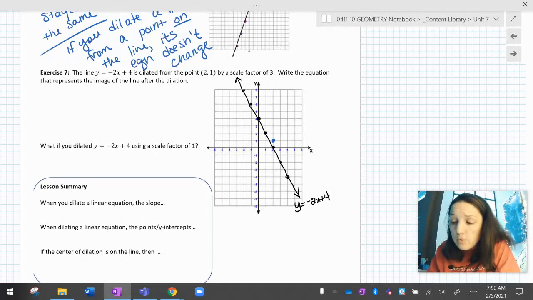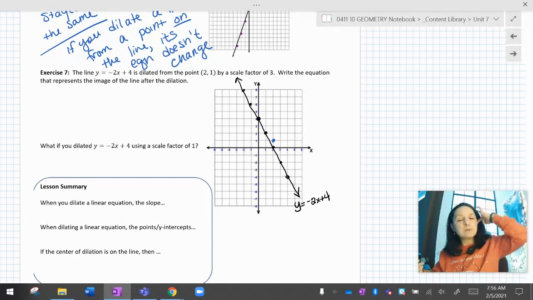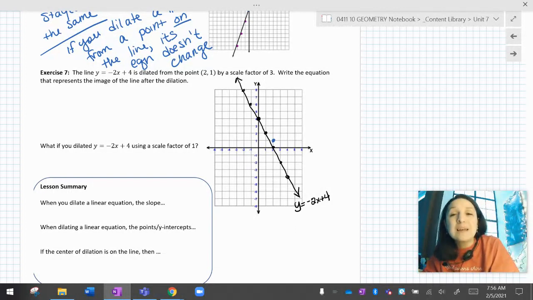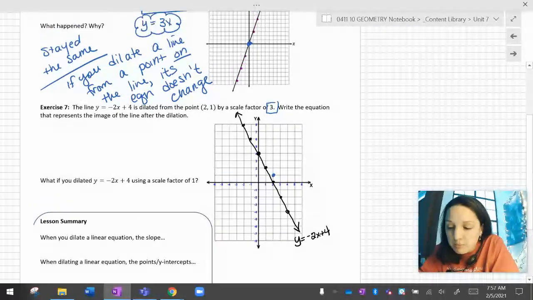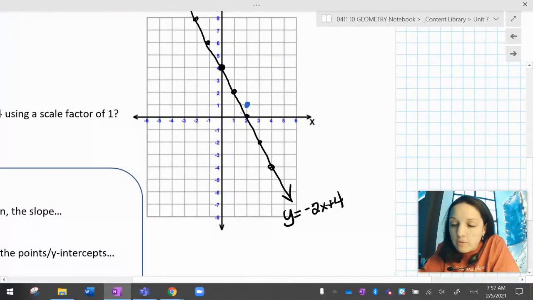Okay, so if I want that to work out, we need to go back to what happens when you dilate something from a point that's not the origin and from a point that's not on the line. Well, what happens is you push it further away. So if I'm going to dilate this by a scale factor of 3, from this blue dot to this point right here, that's 1 down.